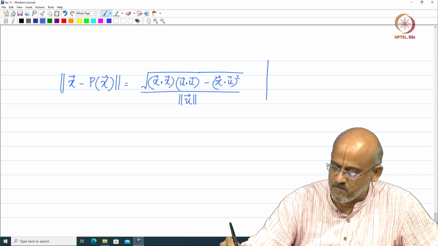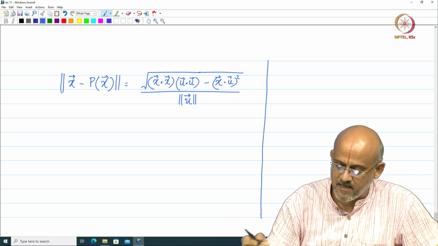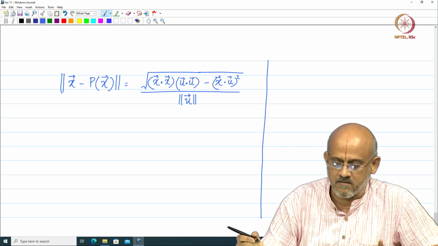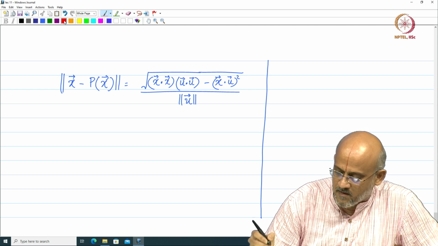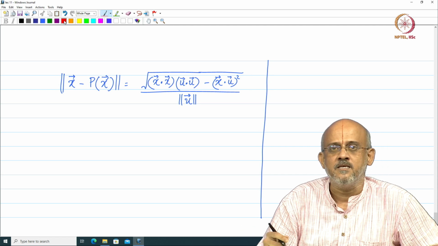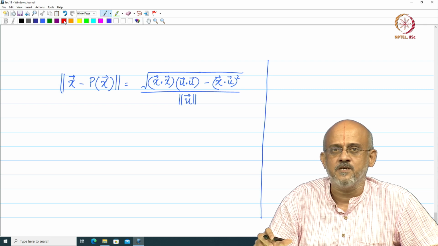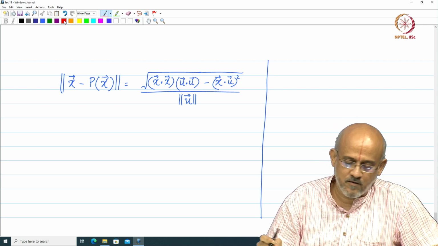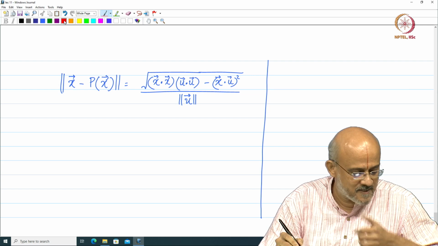Now, how are we going to use this fact in our efforts to find the area of the parallelogram formed by two vectors in 3 dimensions? That is what we are going to look at.